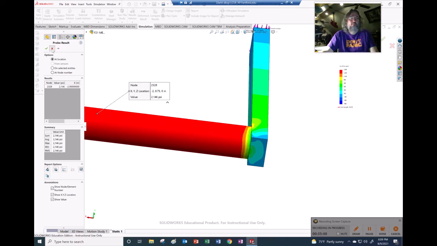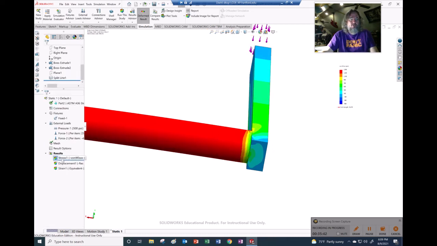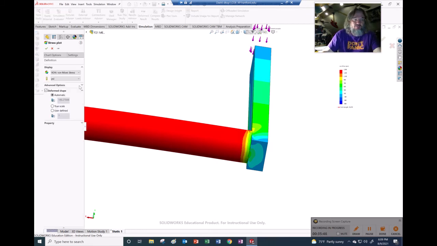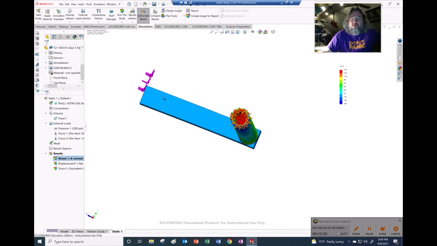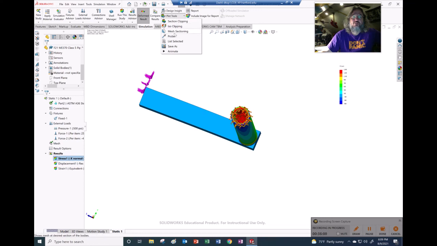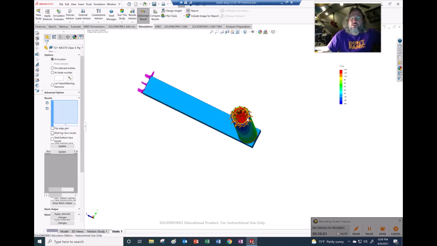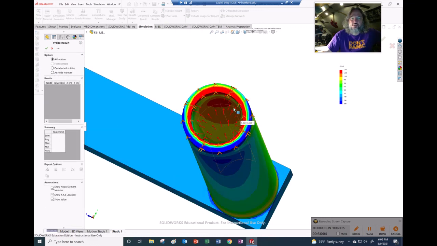But I can change this to be the x direction, the normal stress in the x direction. Let's see what value it gives us. Let's see how close we got in the plot tools, and we'll go to probe, and we'll zoom in onto there, and boom.